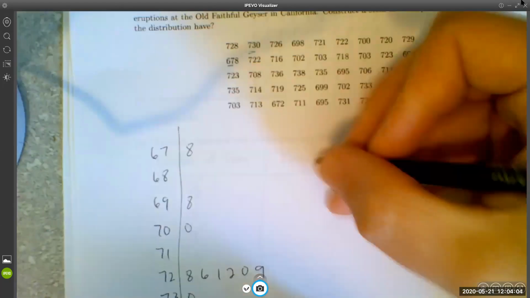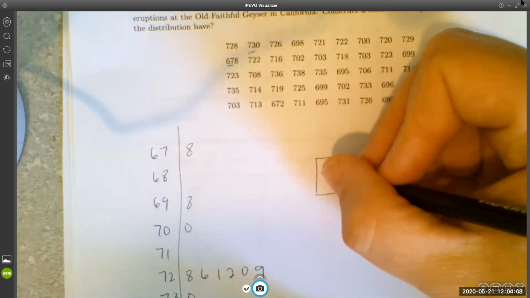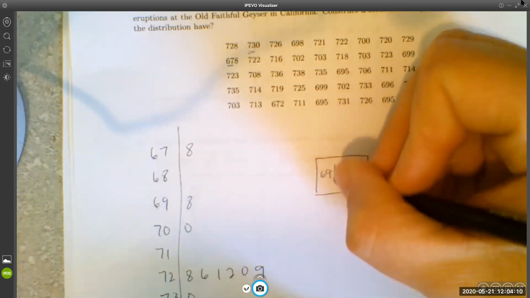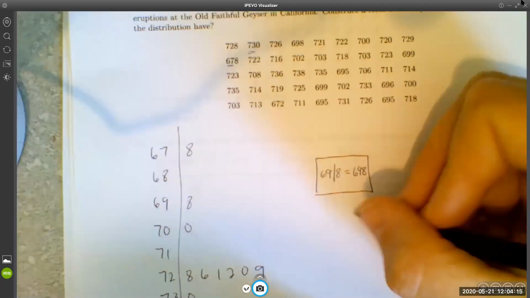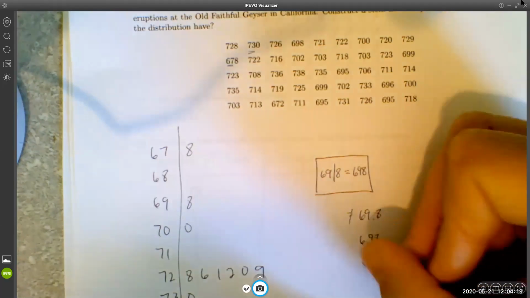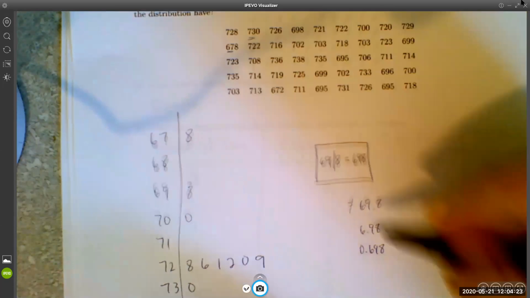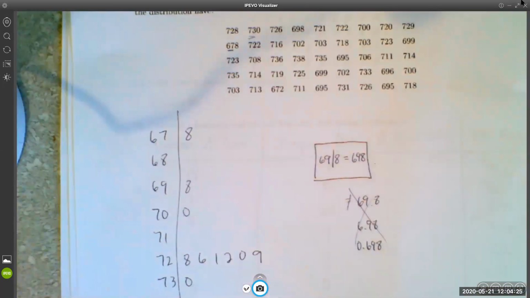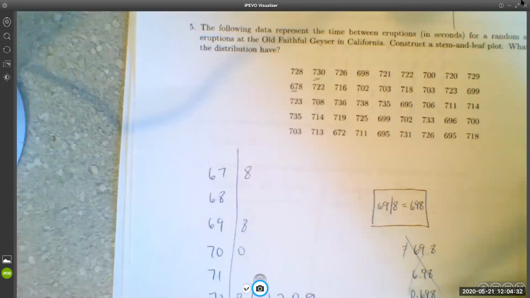In this case, with your key, you'd have to point out that something like 69 bar 8 means 698. It doesn't mean 69.8 or 6.98 or 0.698. It means 698. You have to give them this key so that they know that. Like I said, I'm not going to complete this example, but that's how stem and leaf plots work.